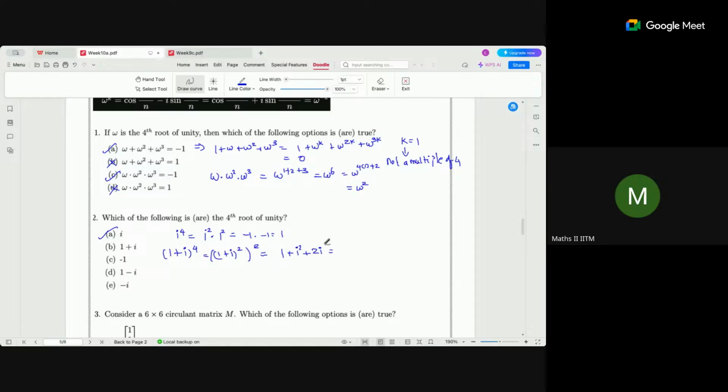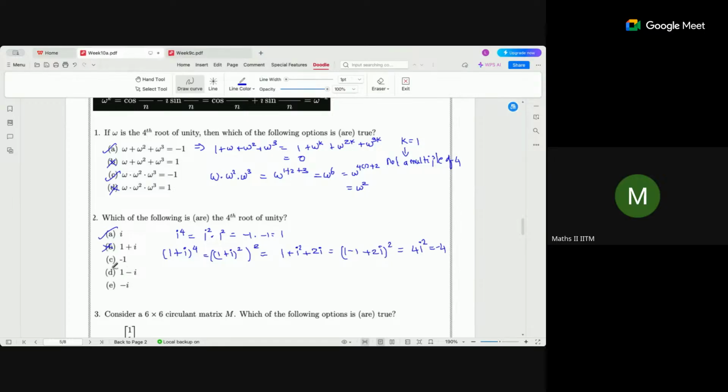Now this is (1 minus 1 plus 2i) the whole square, which is 4 times i square. So it is minus 4. So can 1 plus i be a fourth root of unity? Yes or no? Option B is wrong.